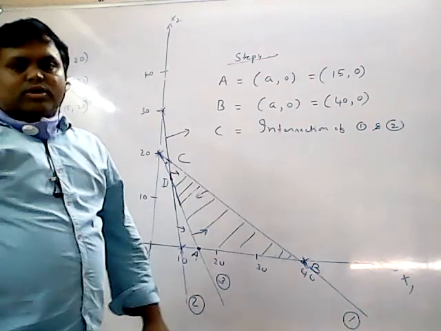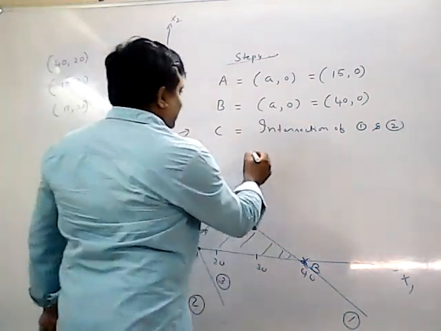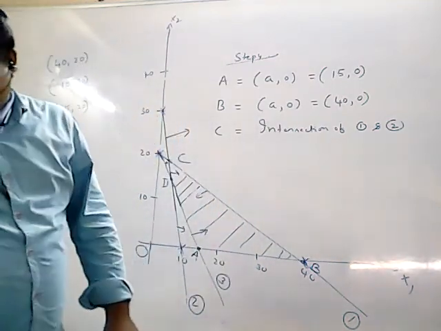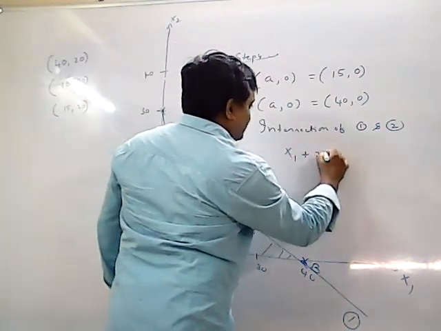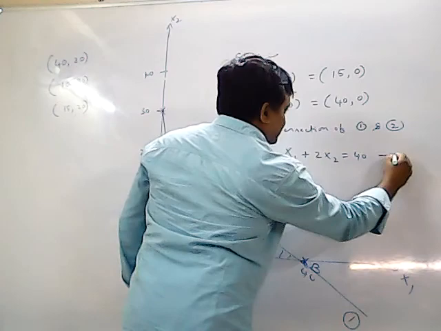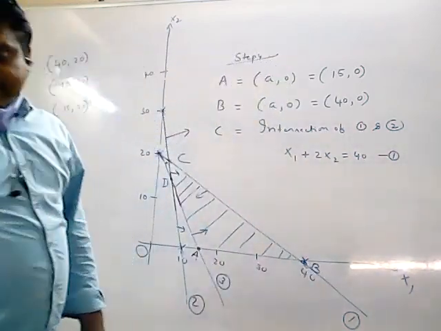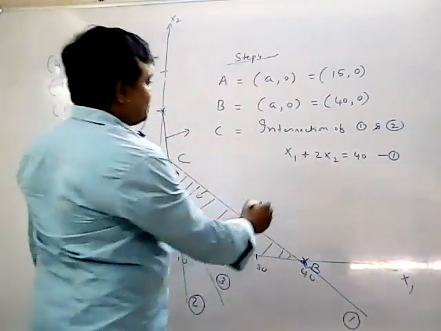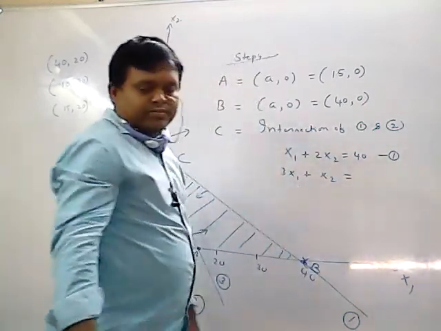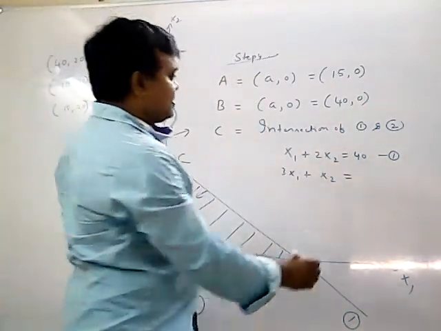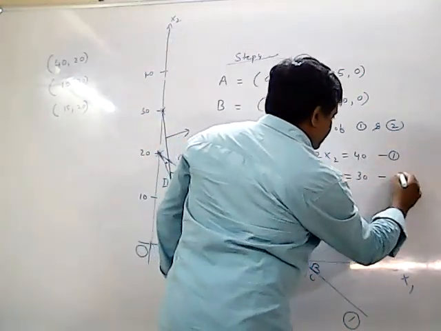The first equation is x1 plus 2x2 equal to 40. This is equation number 1. The second equation is 3x1 plus x2 equal to 39. This is equation number 2.